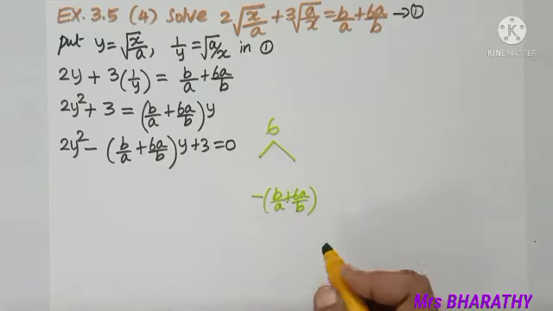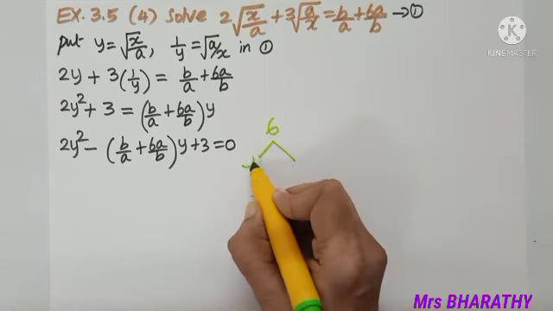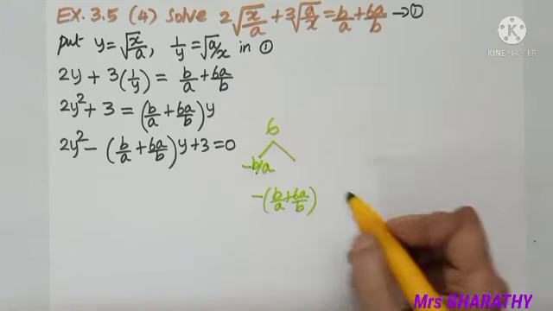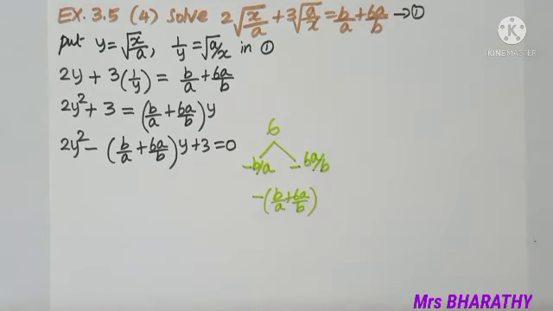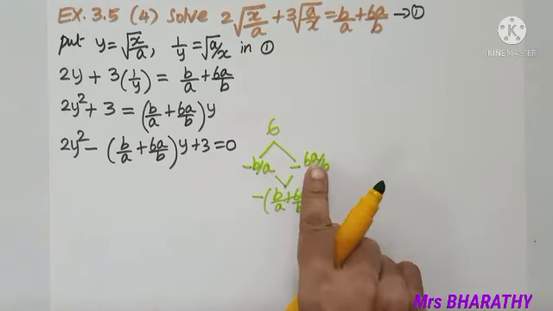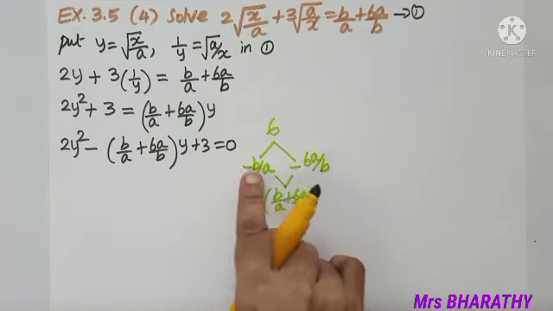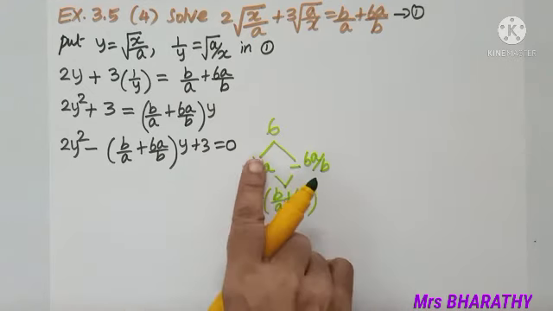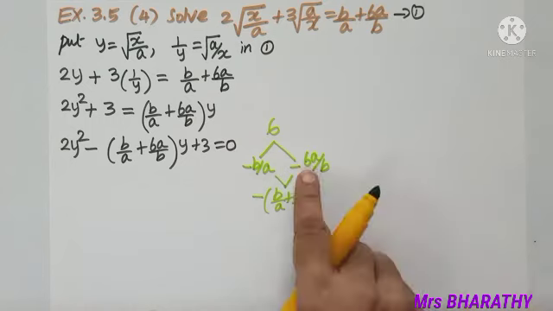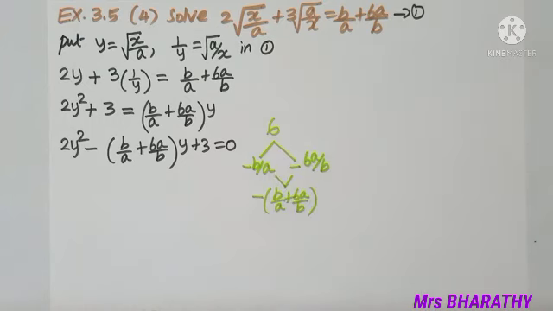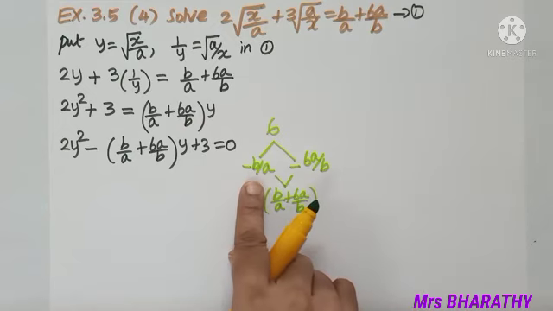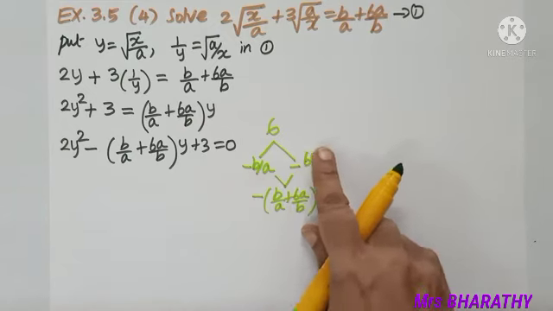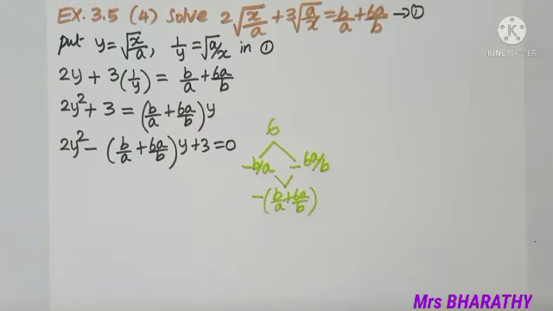If I multiply, here I put minus b by a, here I put minus 6a by b. Just check whether my answer is right. As I add, I get this. Minus into minus plus, b by a by b cancels, I get 6. So the two factors are minus b by a and minus 6a by b only.